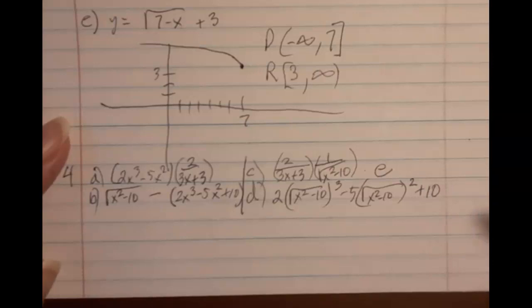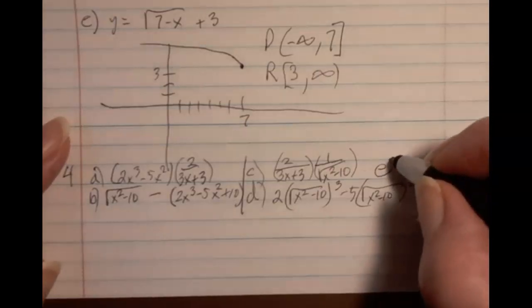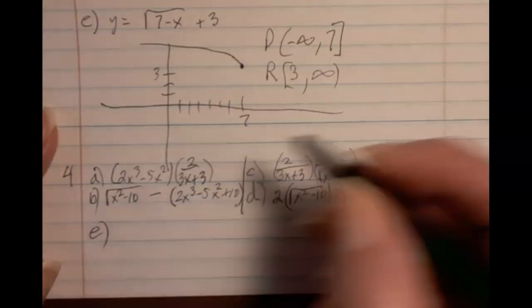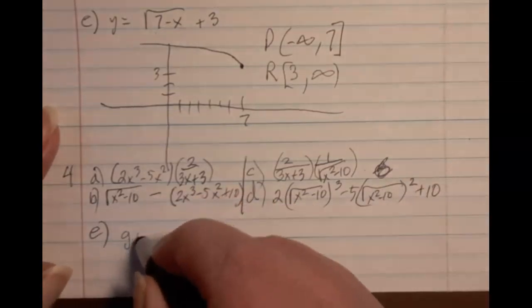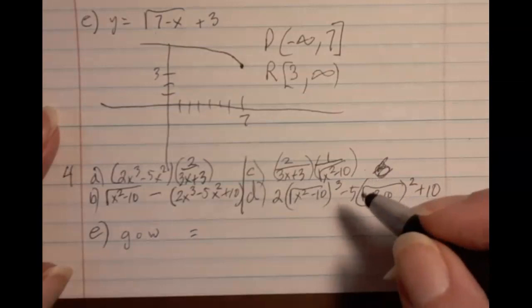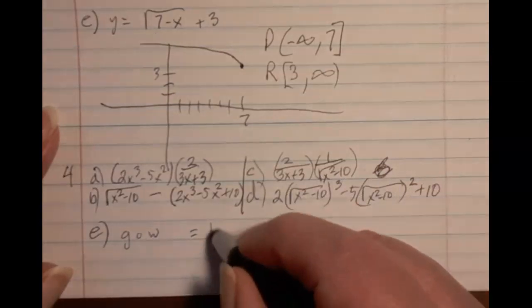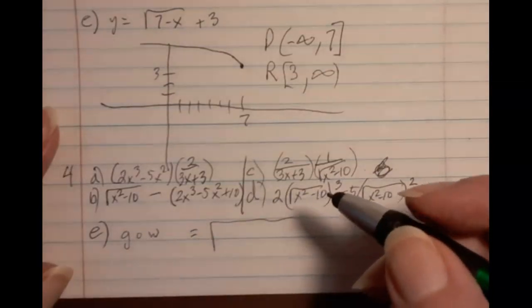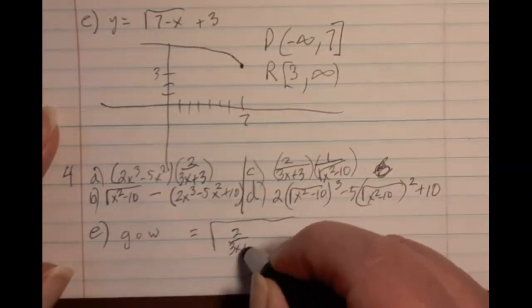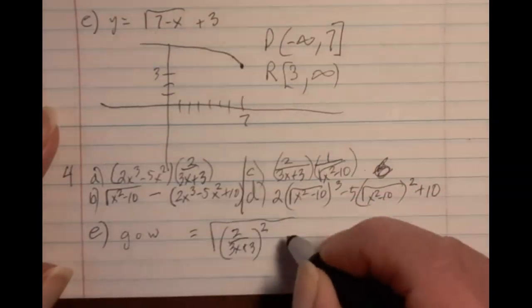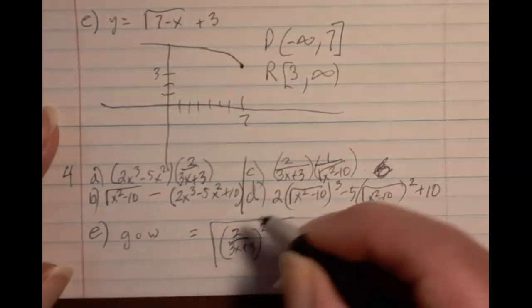The last one is g of w. I'm going to put it down here. G of w is, go to the g equation, that's a square root. Everywhere I see x, I'm going to put w. 2 over 3x plus 3 squared minus 10.